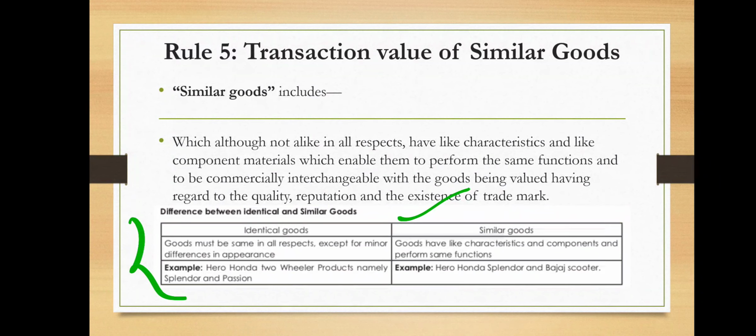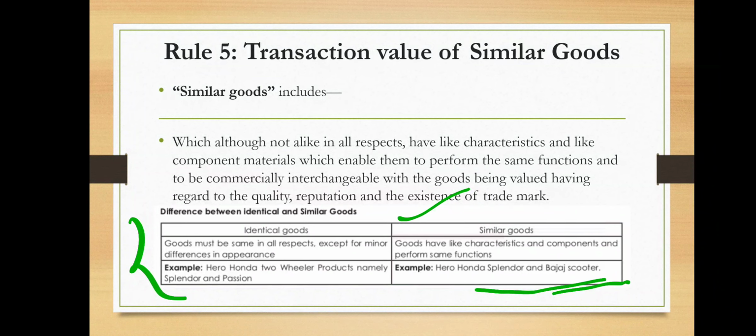The goods or vehicles may not be the same in all respects, but the character or component will be the same. Both the bike and the scooter are used for travel, so the functioning is the same.